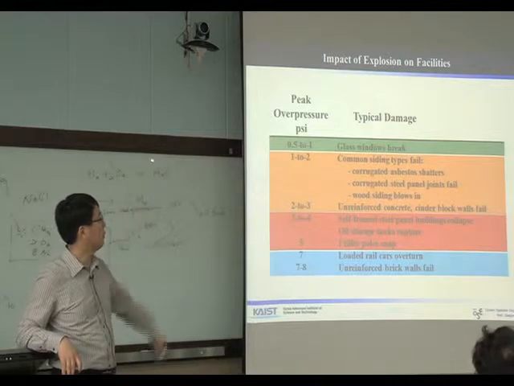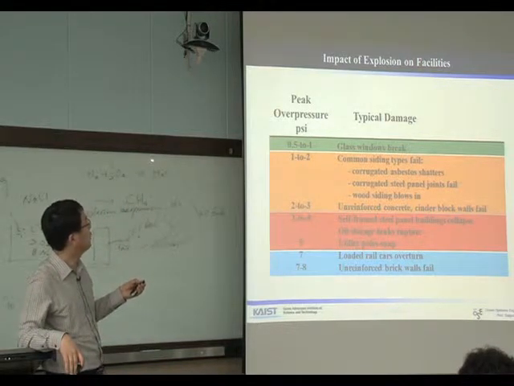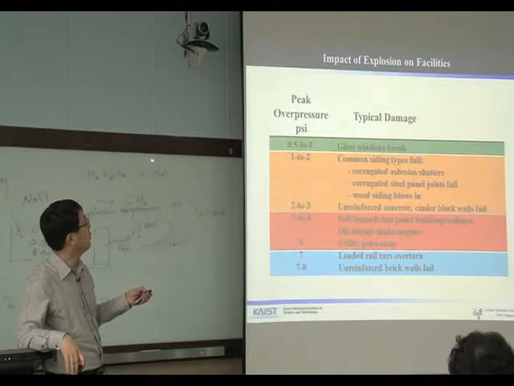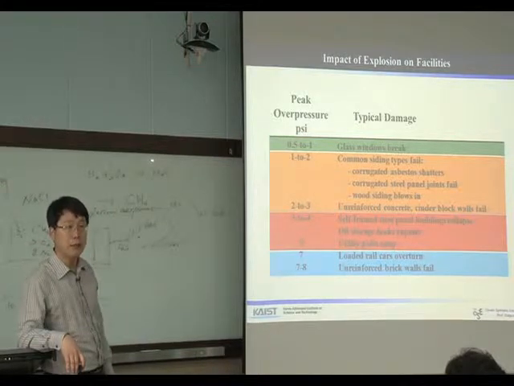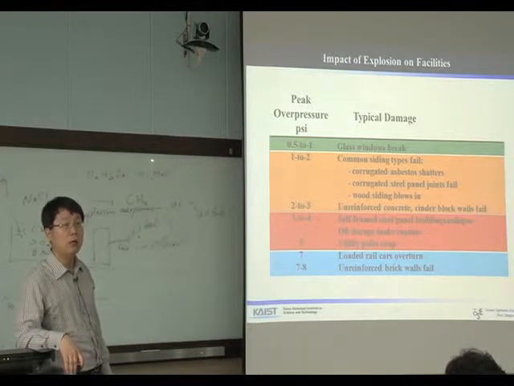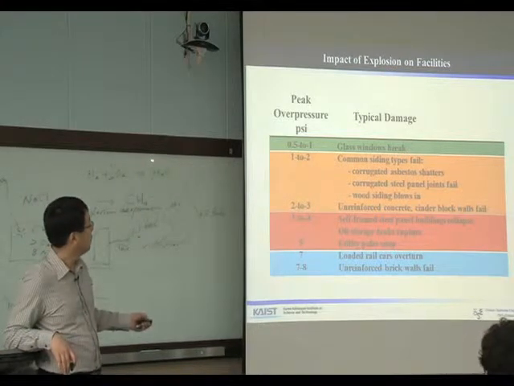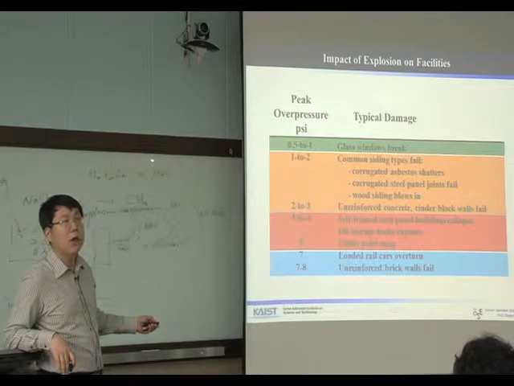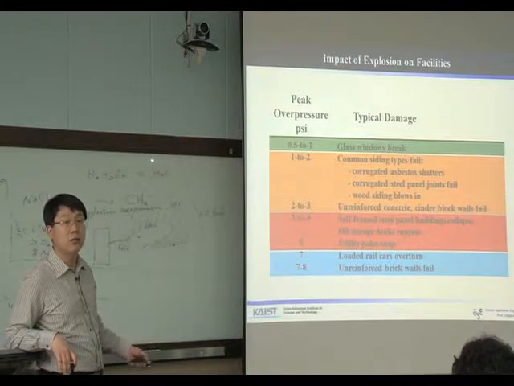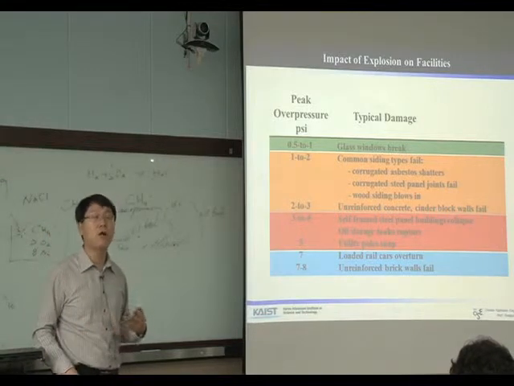Let's check here the explosion overpressure and the typical damage. The unit is PSI. So one bar is about 15 PSI, right? So 7 to 8 PSI is just 0.5 bar, right?